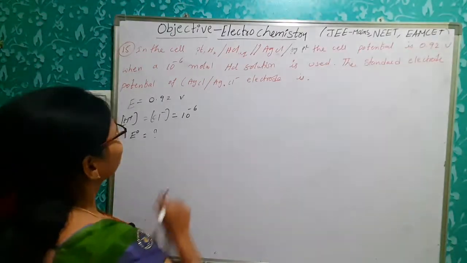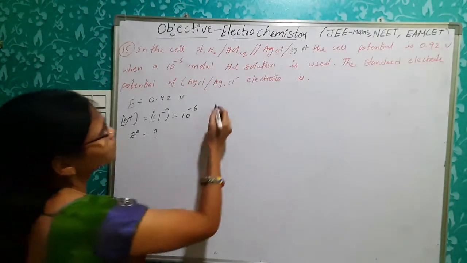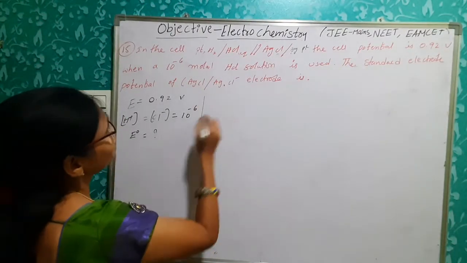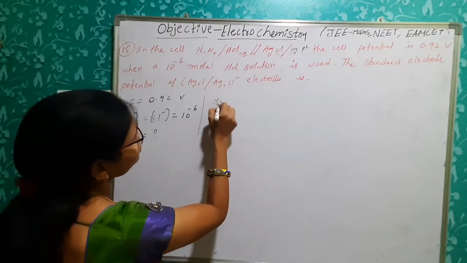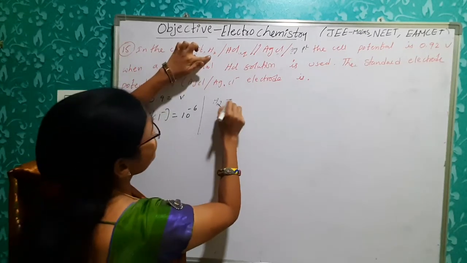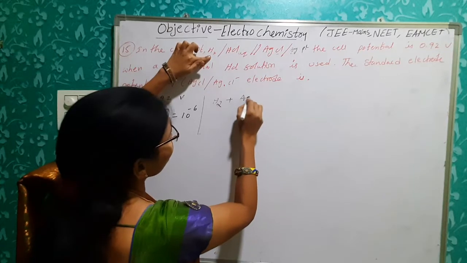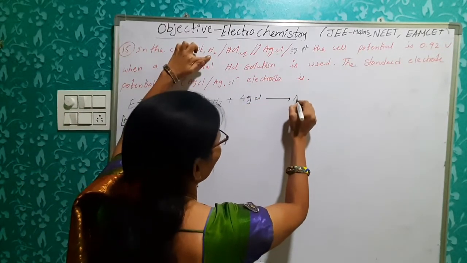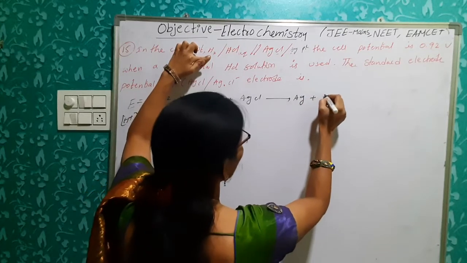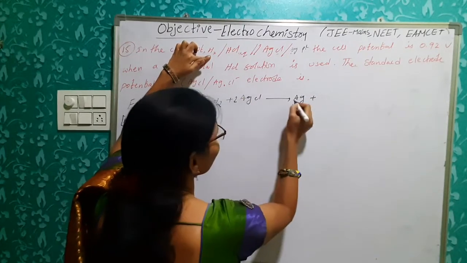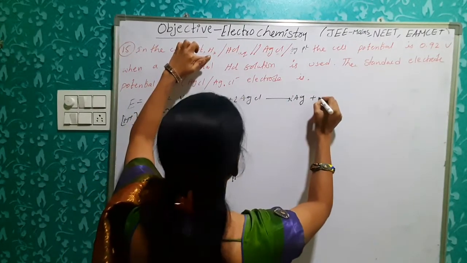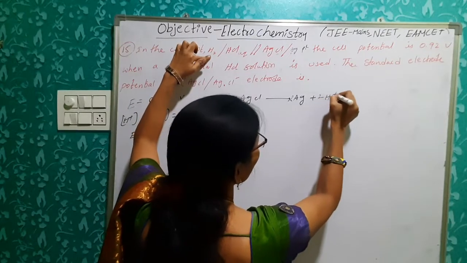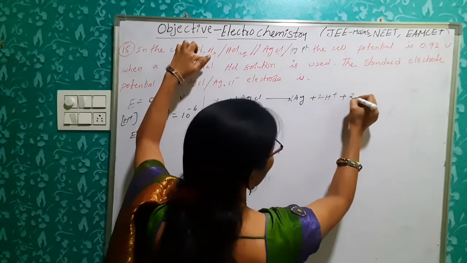So simply, for better understanding, you have to write the equation: H2 plus 2AgCl gives rise to 2Ag plus 2H⁺ plus 2Cl⁻.